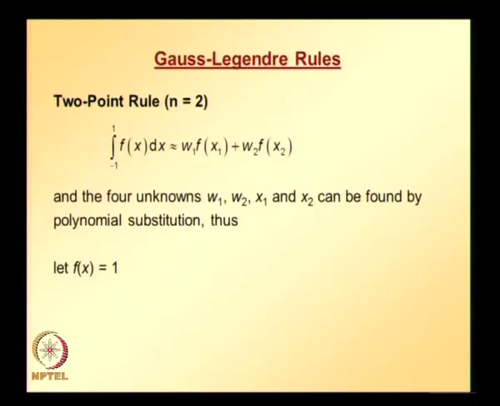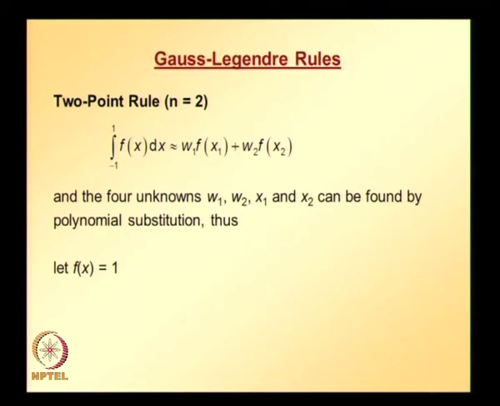One can easily guess we require 4 equations to uniquely determine w1, w2, x1, x2. So we will use the same logic as what we did for getting the weights for Simpson's rule.